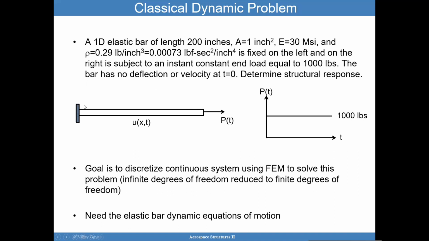This particular bar is clamped on the left-hand side. We also have an instant load, going from 0 to 1,000 pounds, that's constant over time. So the bar has no deflection or velocity at time equals 0, but we have applied the impulse and maintained that constant.